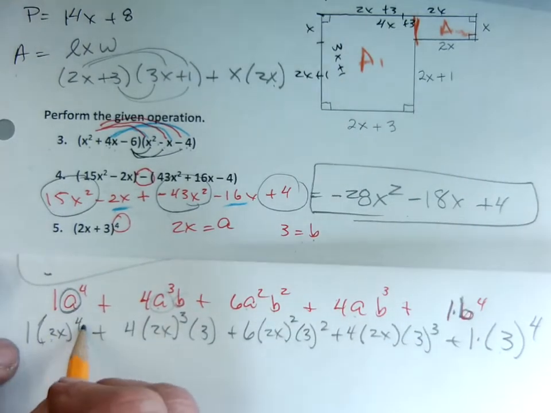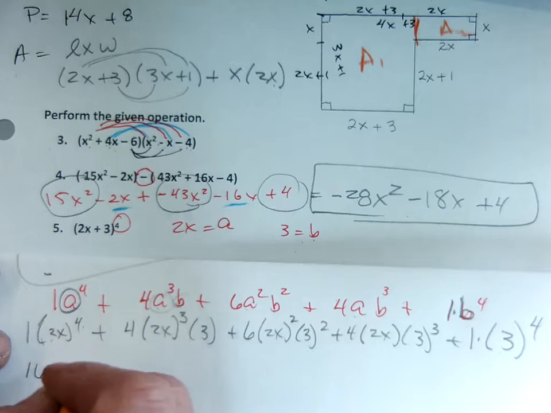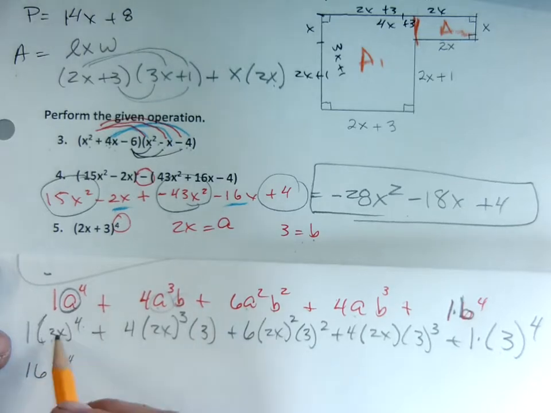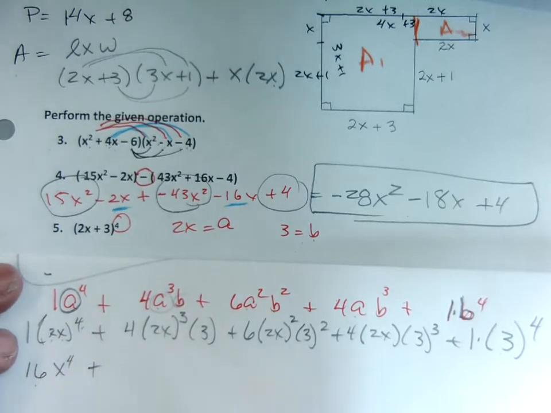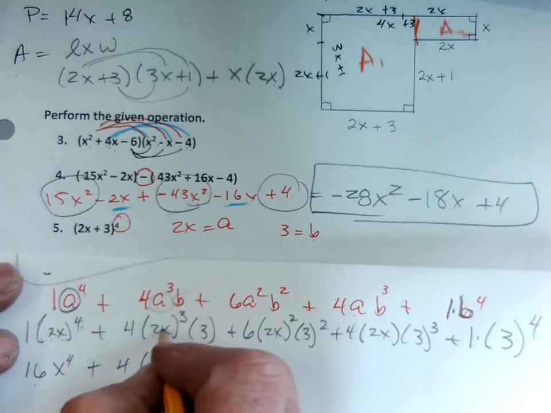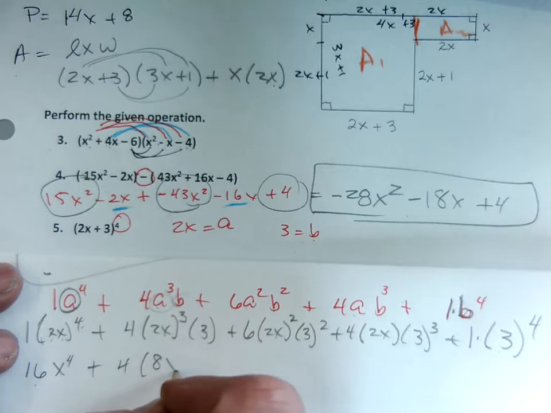All right, 2 to the fourth is 16, times 1 is 16x to the fourth. Plus 4 times 2 to the third power, which is 8x cubed, times 3.